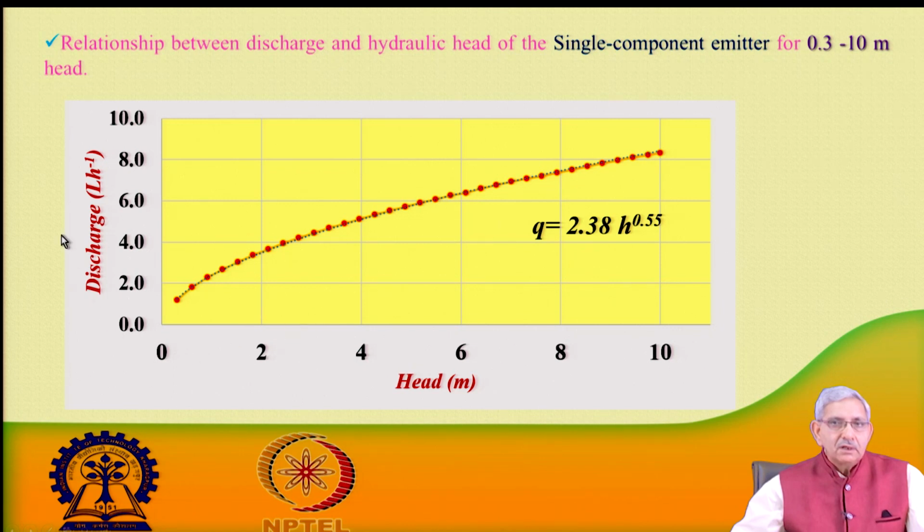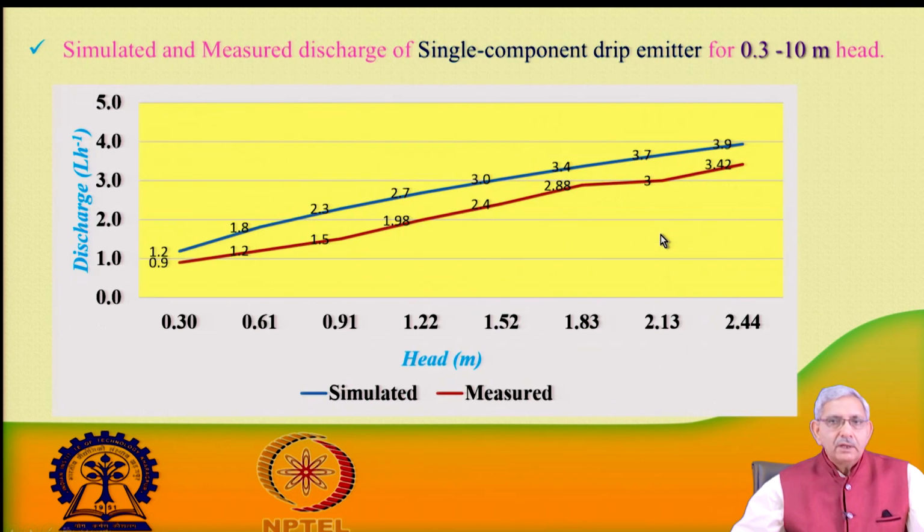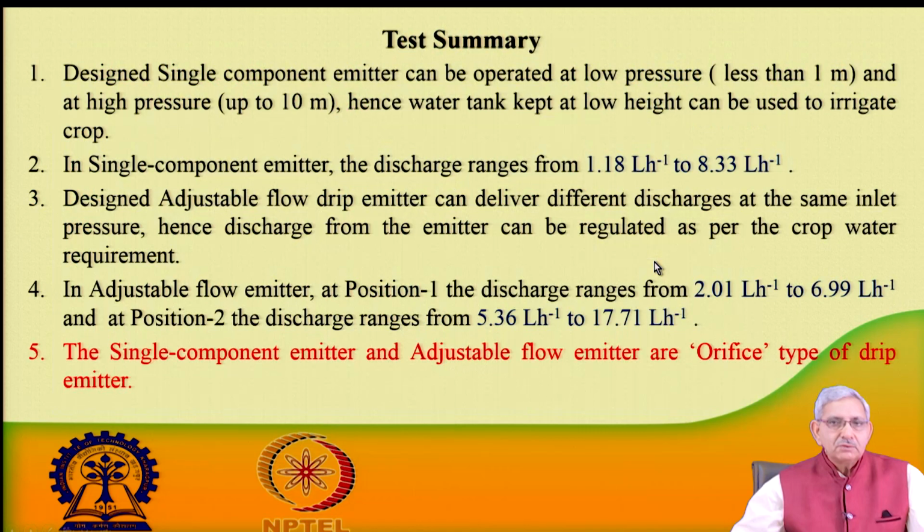This is the nature of the graph, and the equation developed for this graph is q equal to 2.38 h to the power 0.55, where h is in meters and discharge is in liters per hour. Then we tested the single component dripper for the simulated values and also for the measured values.